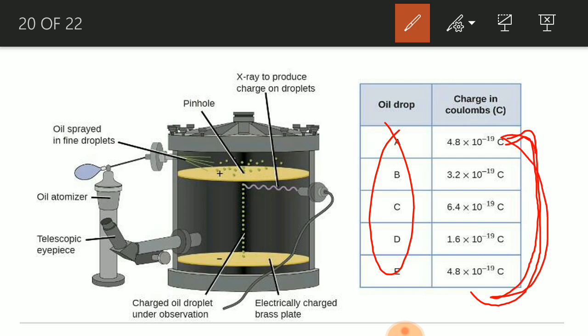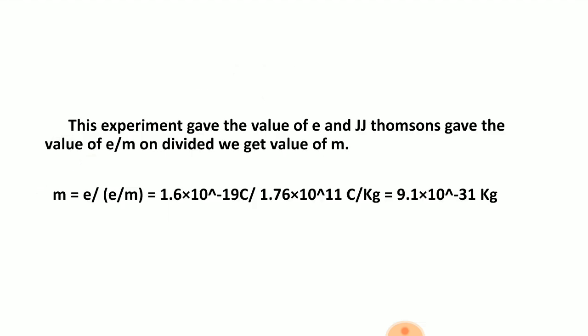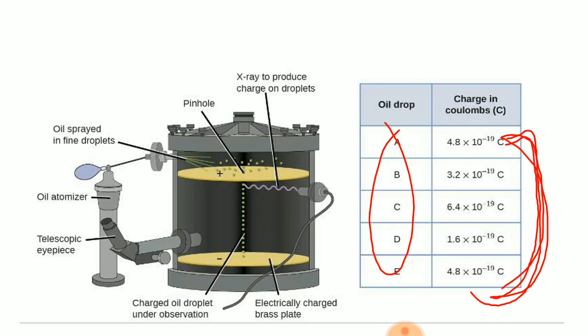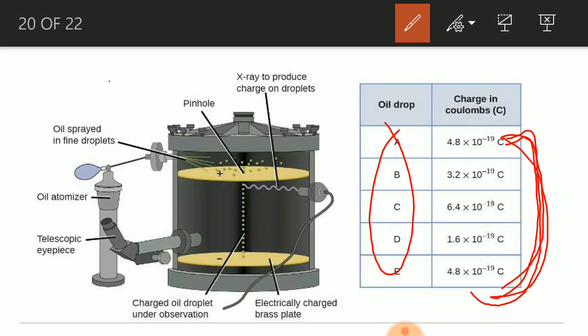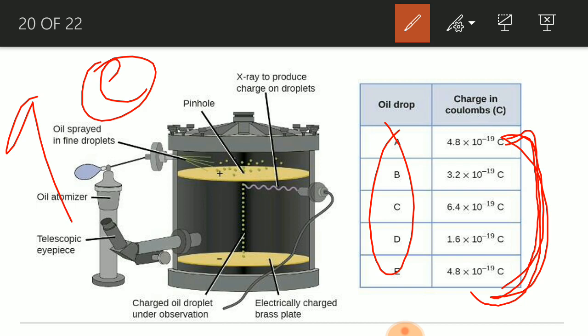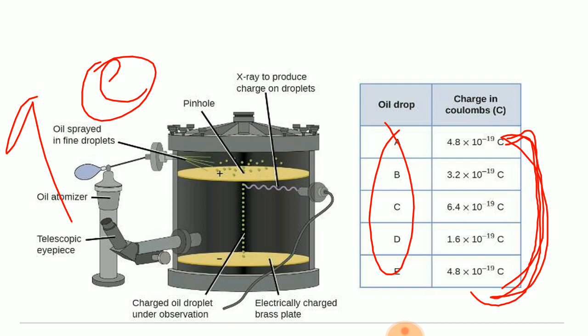If we divide this q by 1.6 × 10^-19 coulomb, then we will get integral numbers, that is n equal to 1, 2, 3, 4 and so on. It proves that the basic quantity e is repeated in the q of every oil drop. That e is called the basic unit of charge. In this way Millikan discovered the value of e, and he gave the concept of quantization of charge.